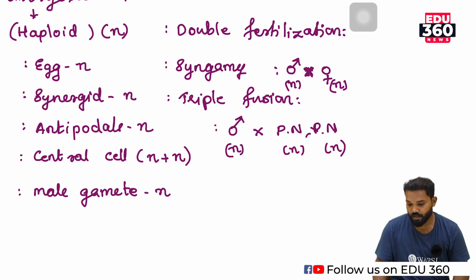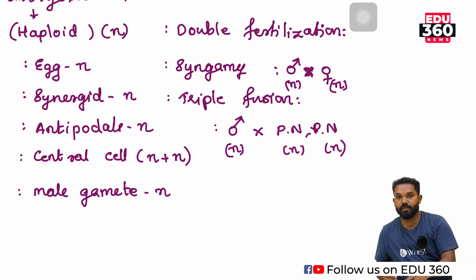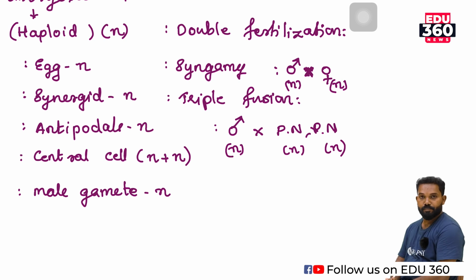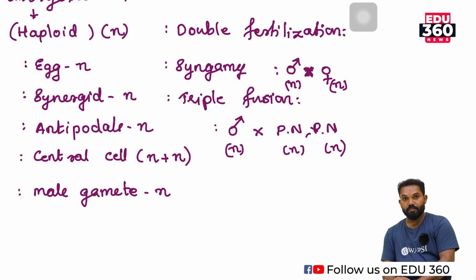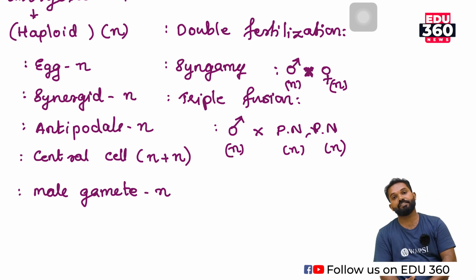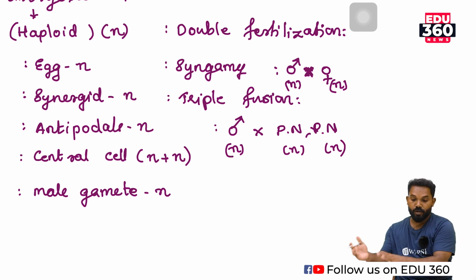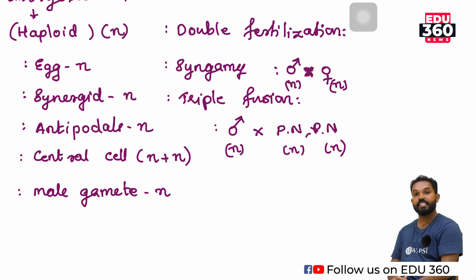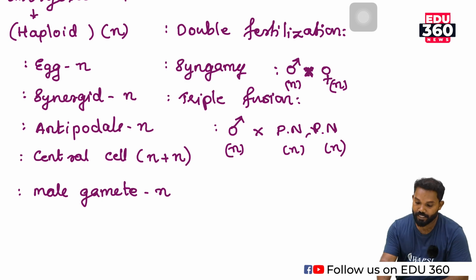Then during syngamy, generally the cytoplasm of the female gamete, that means the egg cell, is fused with the male gamete. Here there is the formation of another cell. The cytoplasm of that cell is definitely from the egg cell. That is the product that is considered as the fertilized egg or zygote.